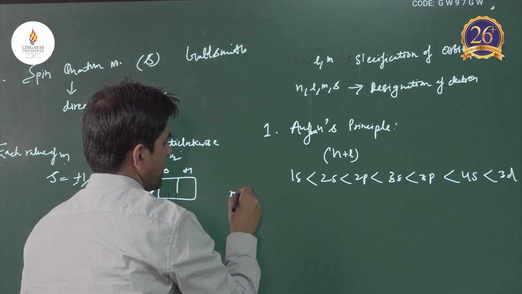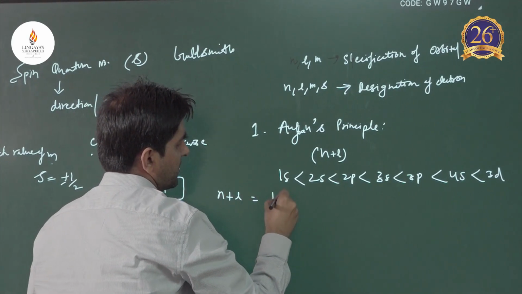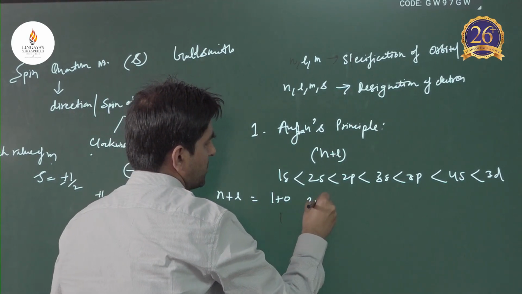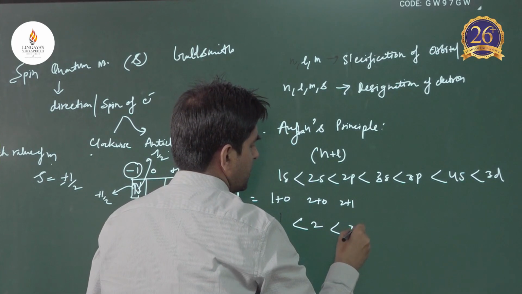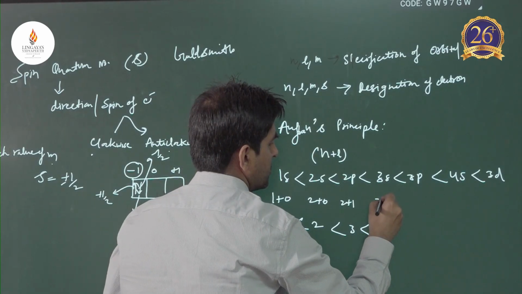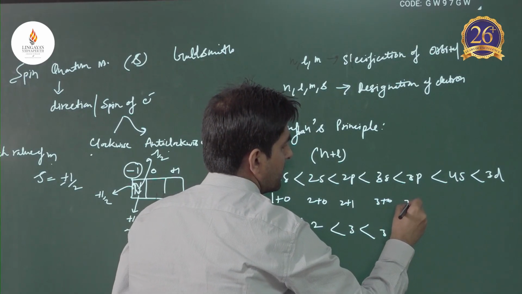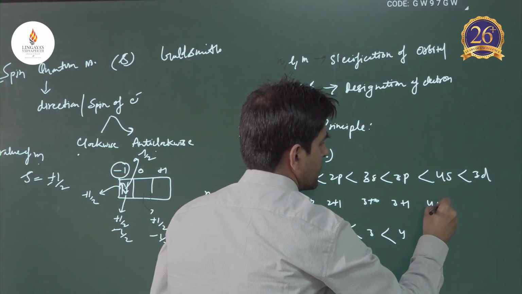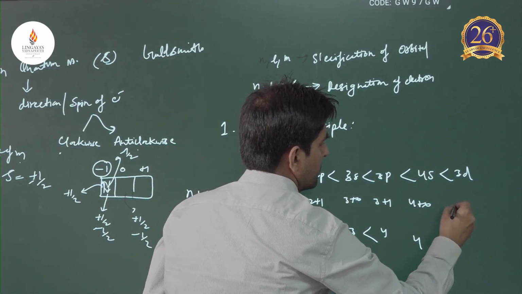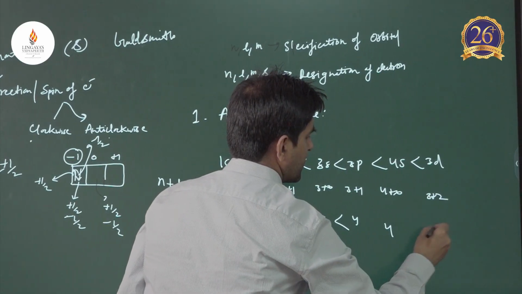You can see the value of n plus l: 1 plus 0 is 1, 2 plus 0 is 2, 2 plus 1 is 3, 3 plus 0 is 3, 3 plus 1 is 4, 4 plus 0 is 4, 3 plus 2 is 5.